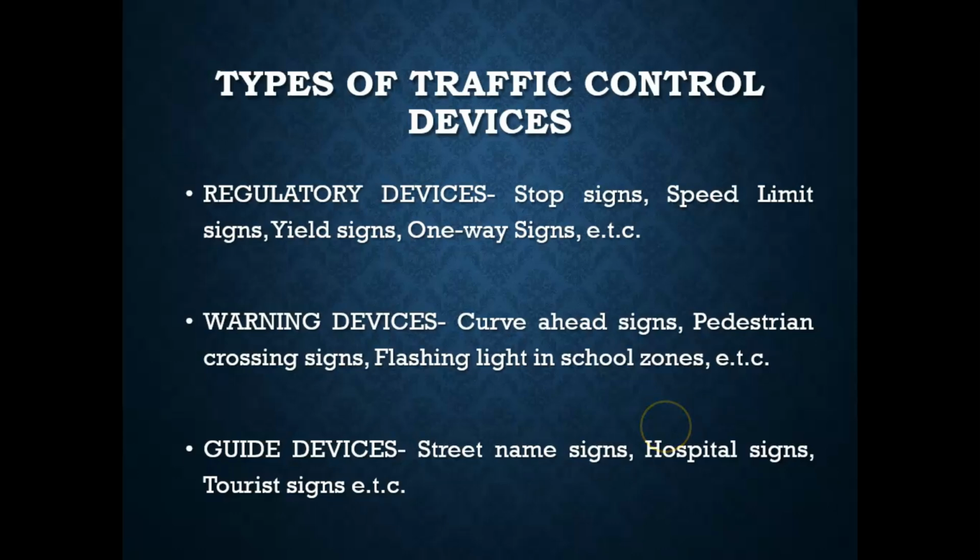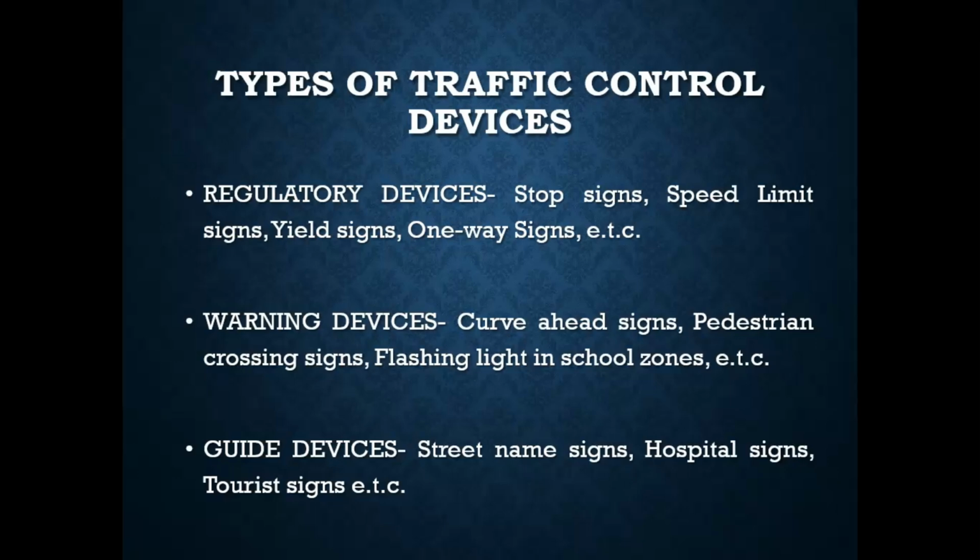The second part of this is what we call the warning signs. From the word itself, it's a warning. Warning signs or warning devices alert road users to potential hazards or changes in road conditions, and this will help them to anticipate and react appropriately. This can come in the form of signs.